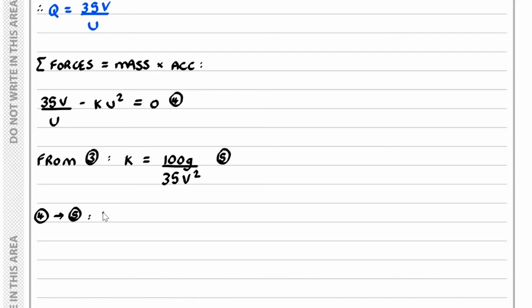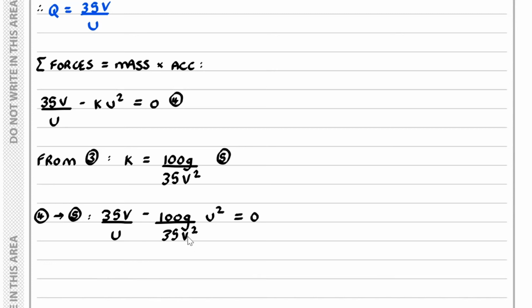So I've got 35V over U minus K, which is 100G over 35V squared, multiplied by U squared. This is all equal to 0. So we need to simplify all of this.